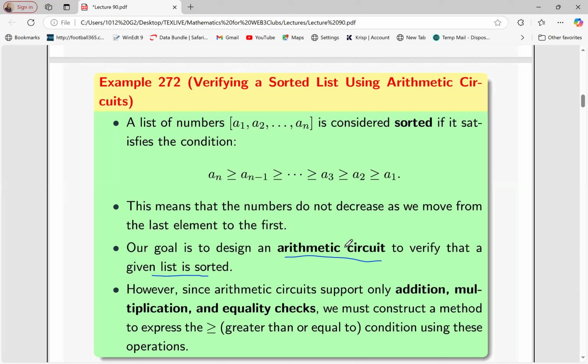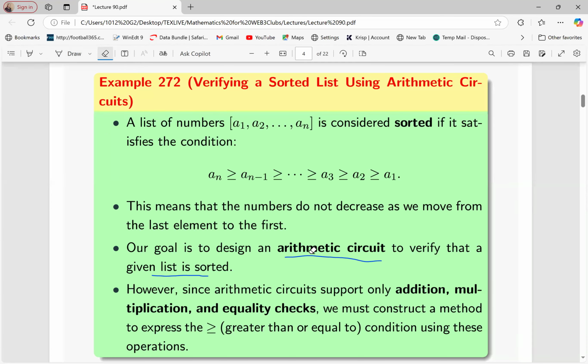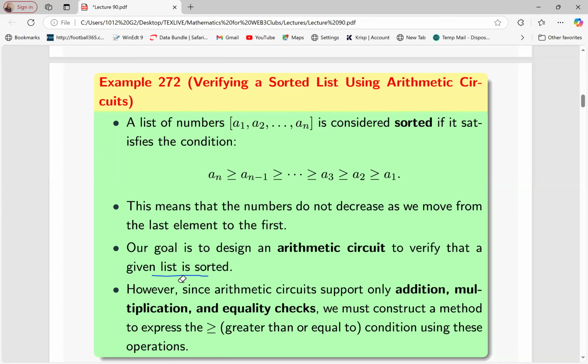So what I'm saying in simple words is that our aim here is to come up with equations that would then be used to verify that a given list is sorted. In other words, the given list is arranged in some order. So once we come up with those equations, we are able to do that.